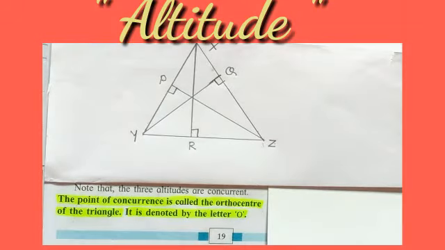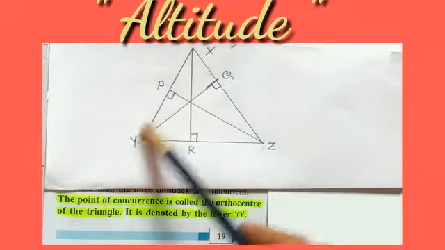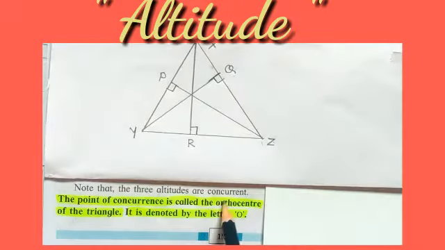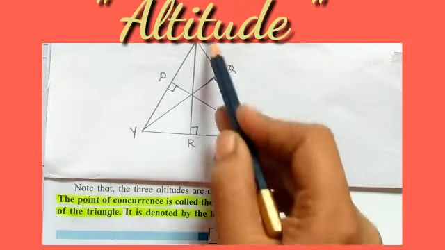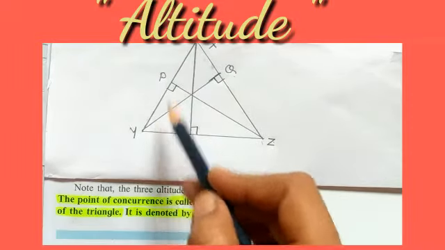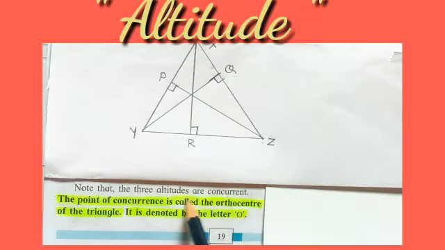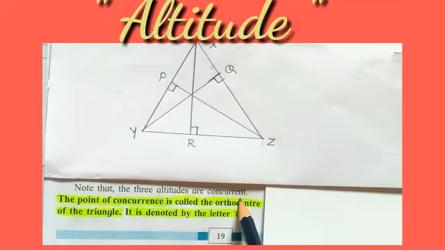Another important property regarding the altitude is that all three altitudes of the triangle are concurrent. Got it? So XR, YQ and ZP are concurrent towards each other.